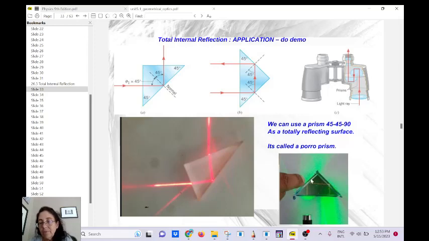So if you have a prism like this one, which is 45, 45, 90, because of the geometry, the angle of incidence here, that will be the angle between the normal and the incidence ray, is just 45. And 45 is just above the 42 degrees.